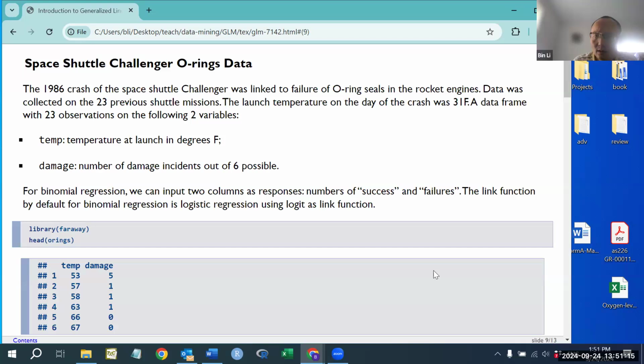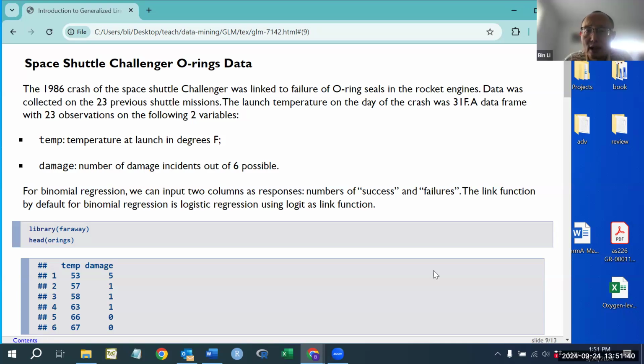Okay, now let's see some examples. The first one is the Space Shuttle Challenger O-ring data. This data set contains 23 previous shuttle mission experiment results.